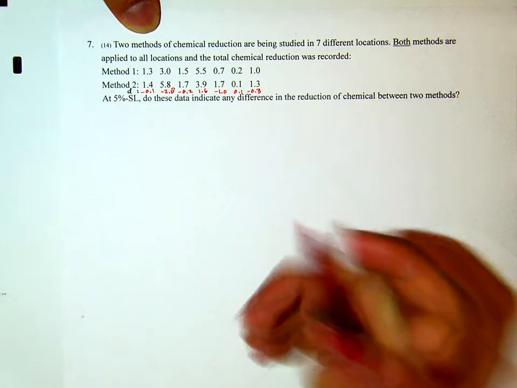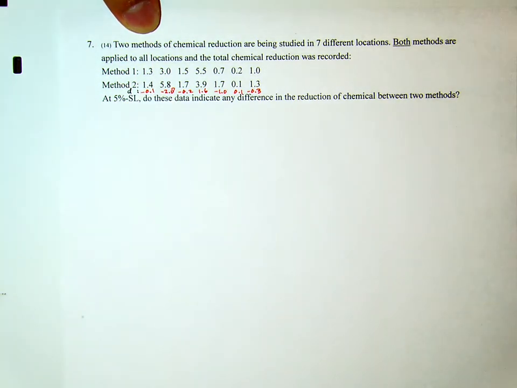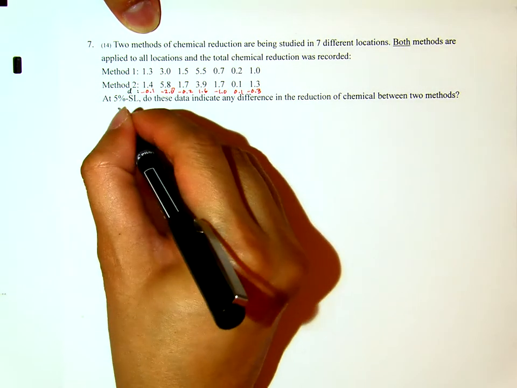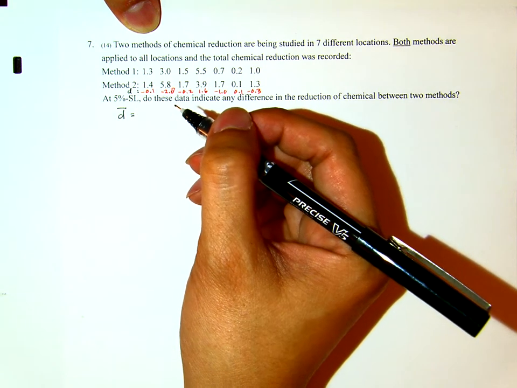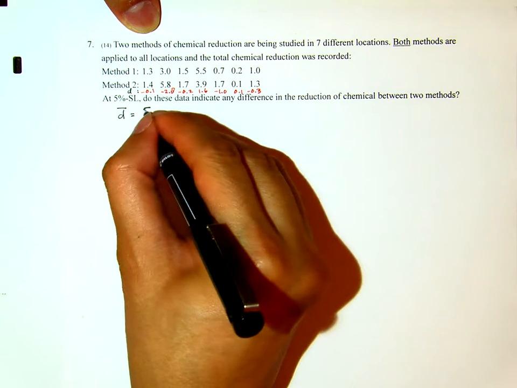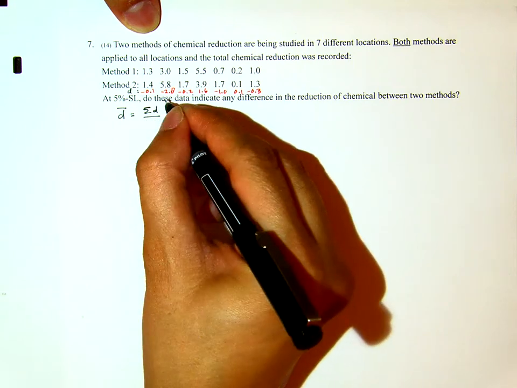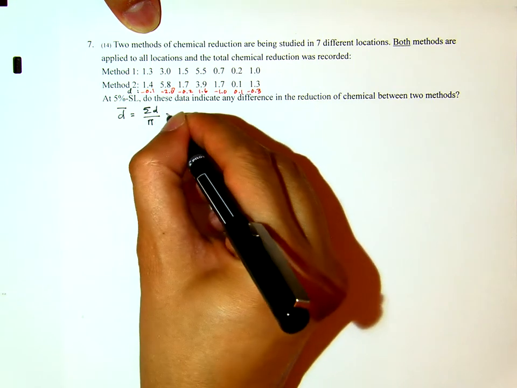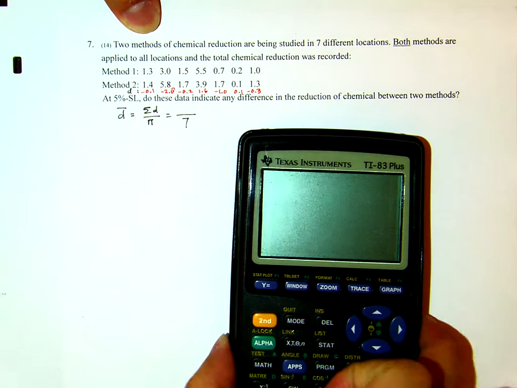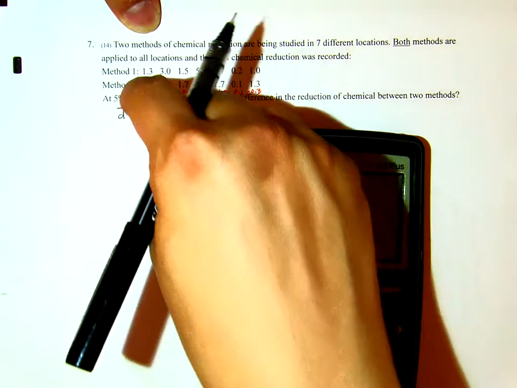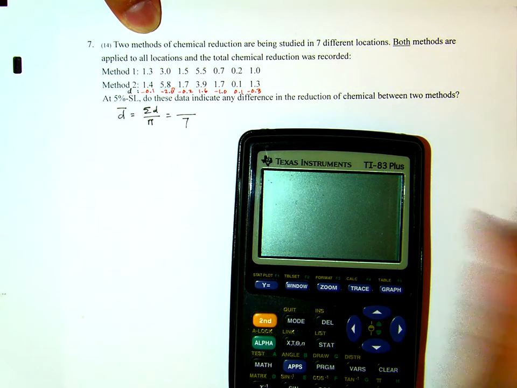Now I will compute d bar, the sample mean of the differences, which is sigma d over the number of data, which is 7. If you subtract the other way around, you will get the opposite of these.